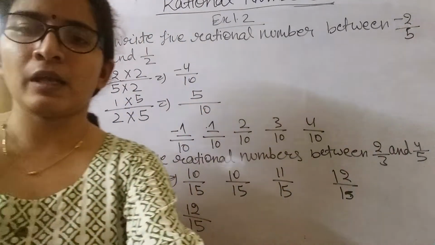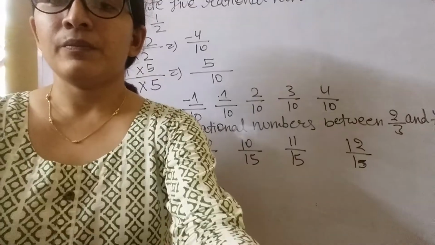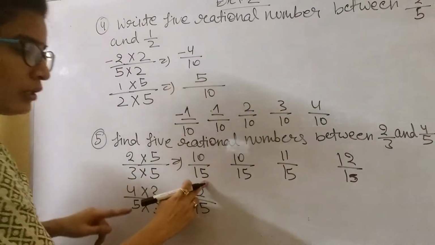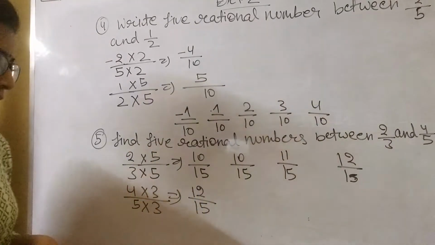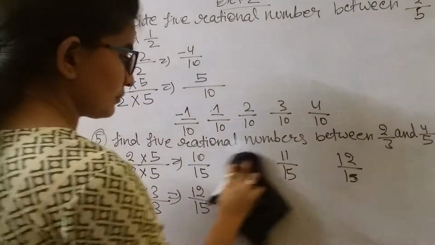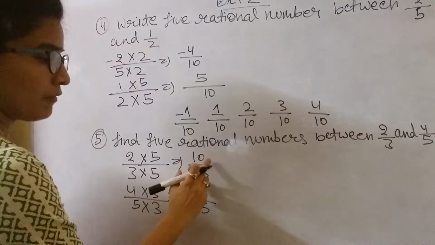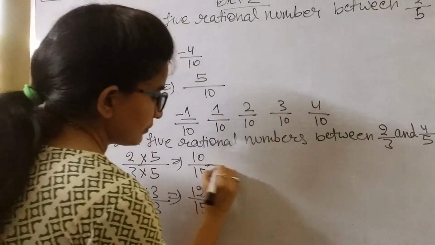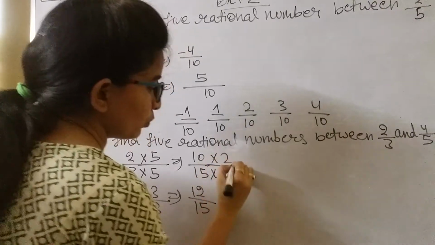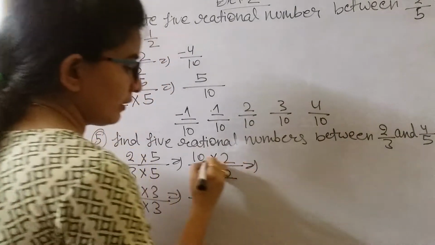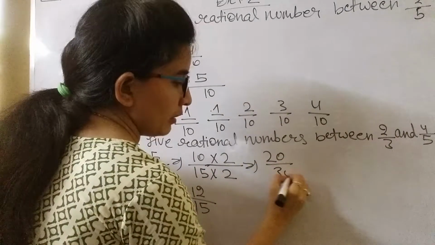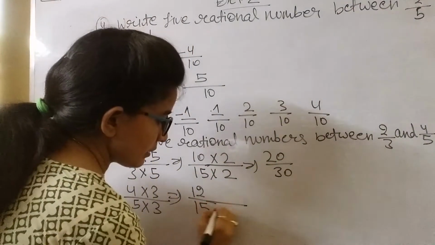So in that case we can increase the denominator of the number. If we have the number 10 upon 15, we can multiply it by 2. So we will get the number 20 upon 30, and here we will multiply too.